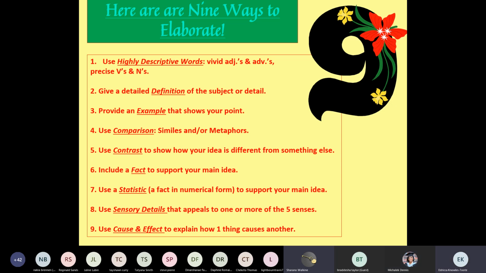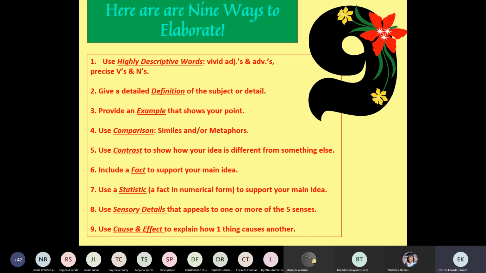So here are some ways that we can elaborate. What can we use in our paragraph to help us bring out a point or to help us elaborate a point? Number one, we can use descriptive words.